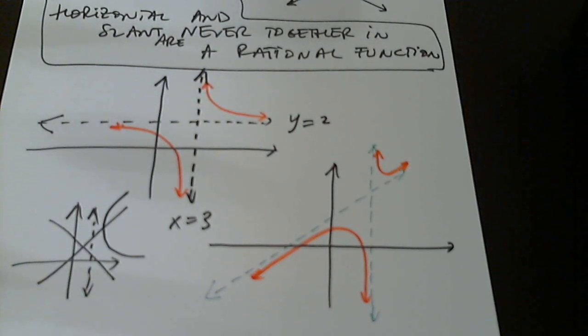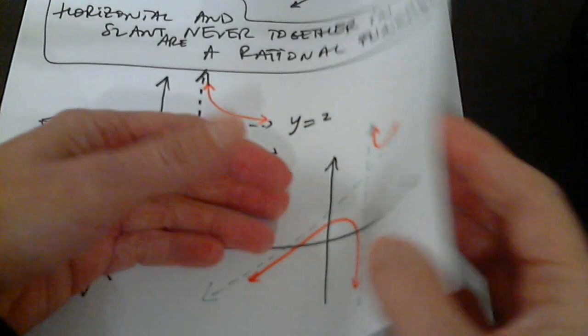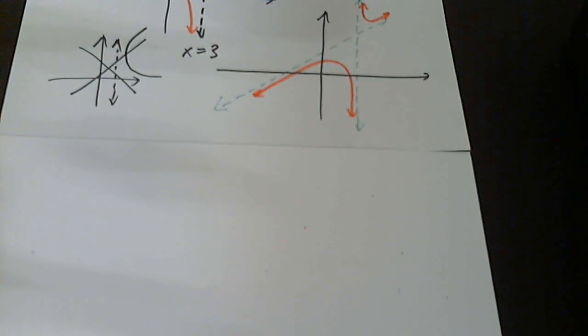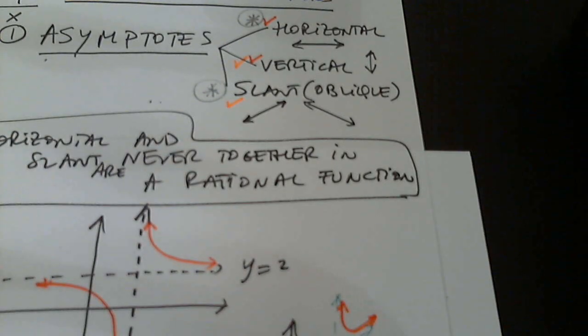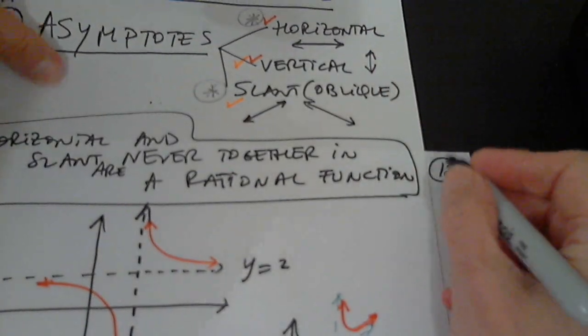Okay, now we know how these asymptotes look like. And there are 3 different types. What page am I on? 11. No, 12. Okay.